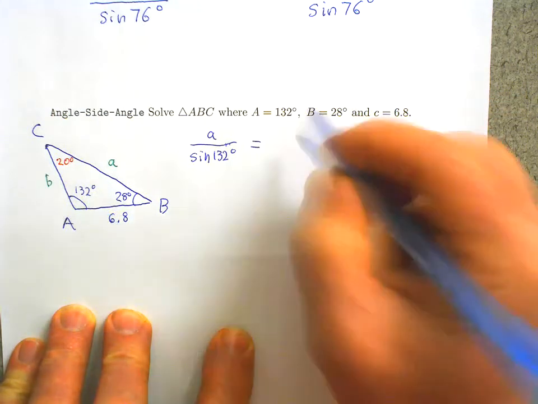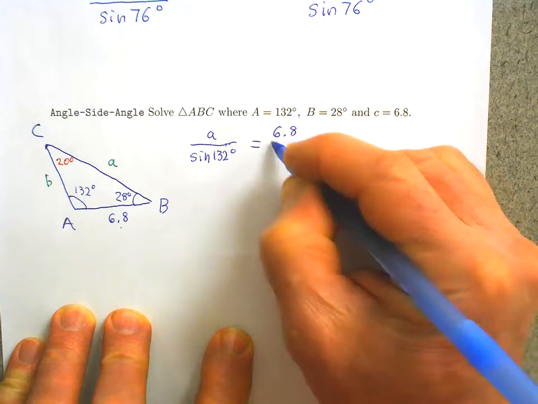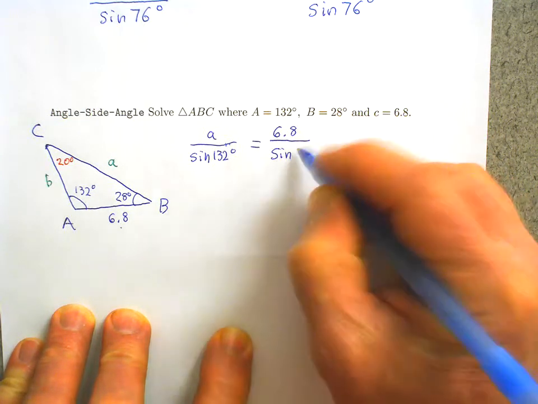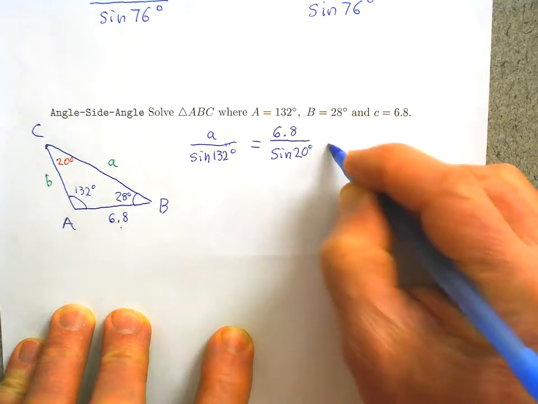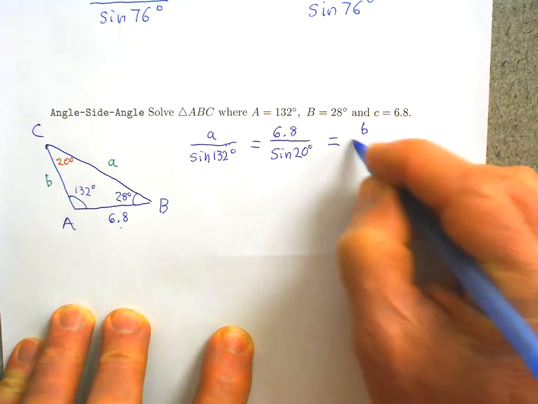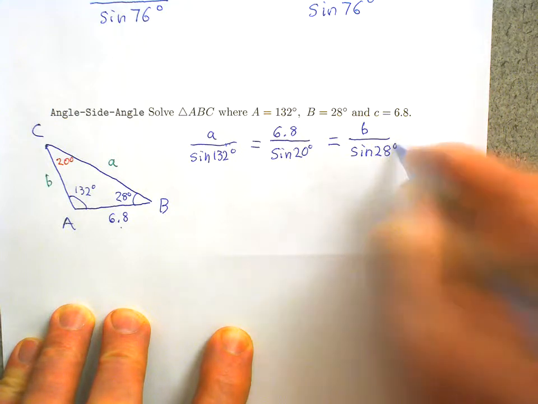That's equal to 6.8. That's what lowercase c is, and the sine of angle C is sine of 20 degrees. And that's equal to lowercase b divided by the sine of 28 degrees.